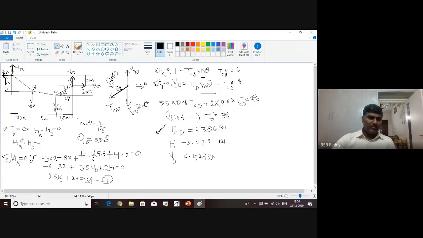Sum of all vertical forces, that is VA plus VD is equal to downward forces 3 and 8, that is 11. What is VA we want?